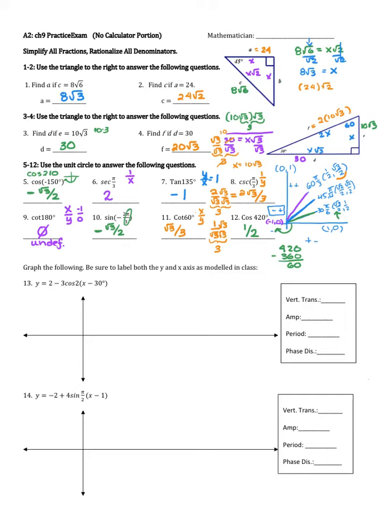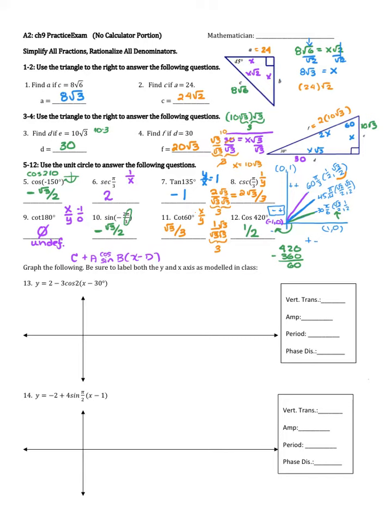Okay? Now let's start in on some graphing. All right, so when we are doing our graphing, I am also going to be checking that you know how to identify the parts. So our vertical translation, remember in general it's C plus A cosine or sine B x minus D. And I kind of have the list in the order that you would then see it here.